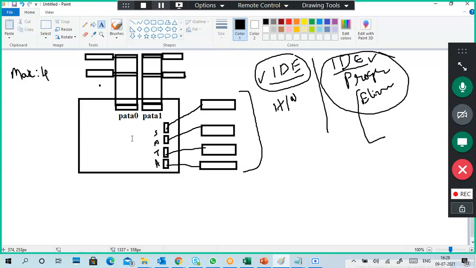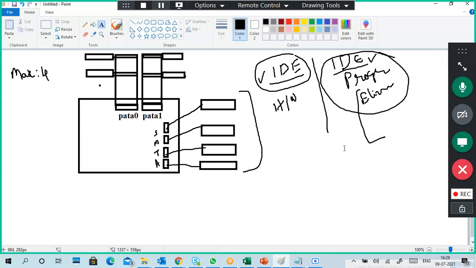But whatever it is, the basic technology is IDE technology only. Whether it is SATA, PATA, or ATA, the basic technique is disk drive connection. Integrated drive electronics means a connection between your motherboard and the disk drive. Later a few more things were added. So IDE became ATA, PATA, parallel advanced technology attachment, which looks like the previous IDE connection. And SATA is a single cable connection.